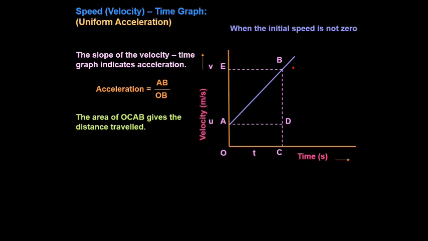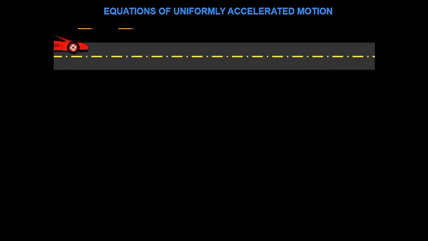It is sometimes written as u or v within brackets 0. The other things are the same. The acceleration is AD upon OB, and the area of the trapezium is the distance.